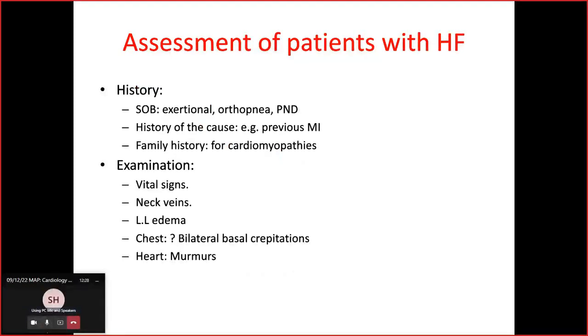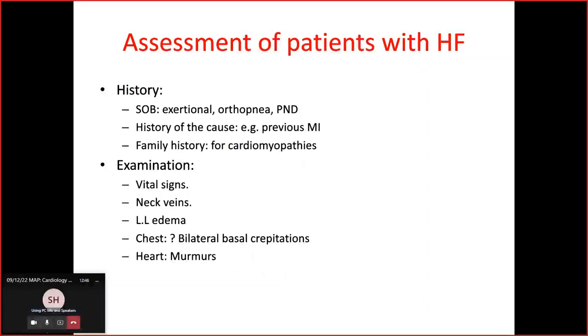Orthopnea, paroxysmal nocturnal dyspnea: how many times did the patient wake up at night because of shortness of breath. We will ask about history of the cause, as we mentioned before, like myocardial infarction, valvular heart disease, hypertension. Family history is very important for cardiomyopathies.